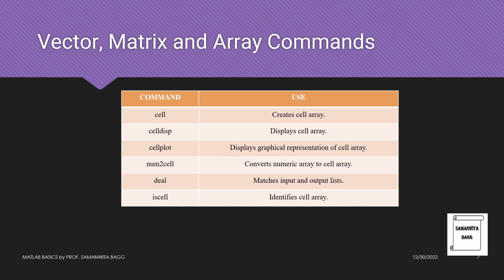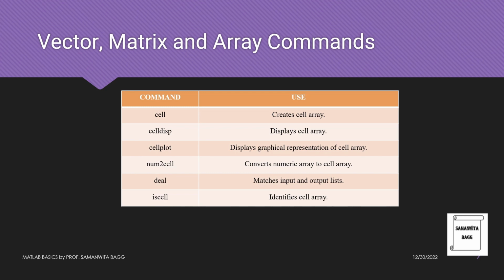Cellplot will display the graphical representation of a cell array. Num2cell converts a numeric array to a cell array. And deal will match input and output lists. Iscell will identify a cell array. So these are all the commands used for matrix, vector and arrays.